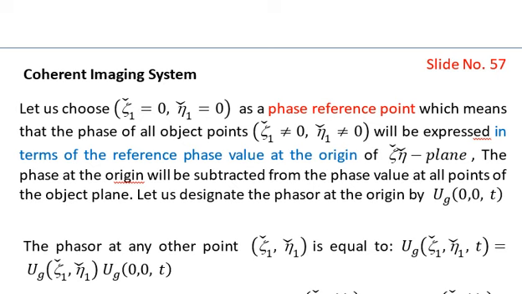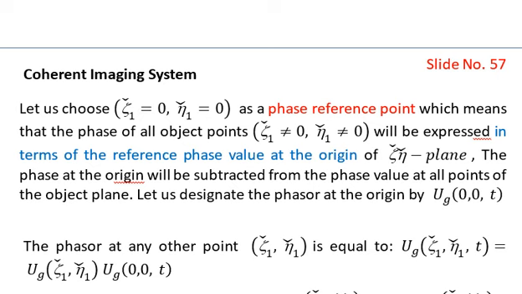phase of all object points other than the origin, that is zeta 1 not equal to 0 and eta 1 not equal to 0, will be expressed in terms of the reference phase value at the origin of the zeta eta plane. The phase at the origin will be subtracted from the phase value at all the points of the object plane.